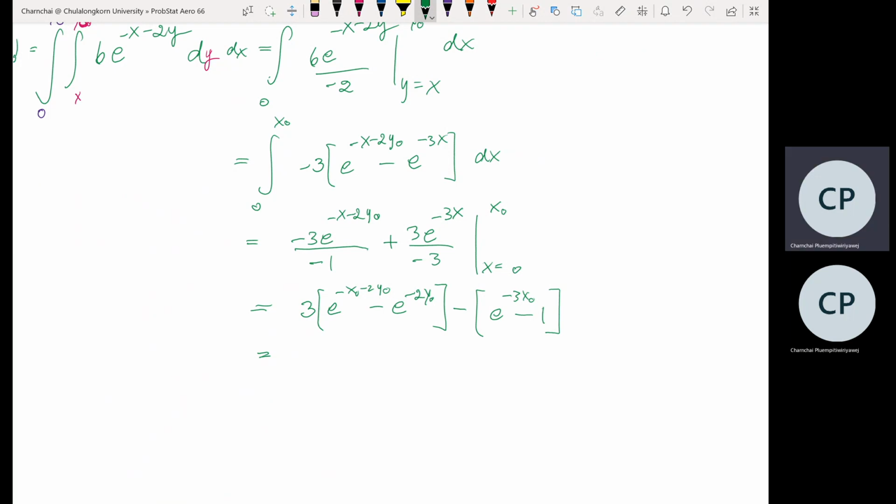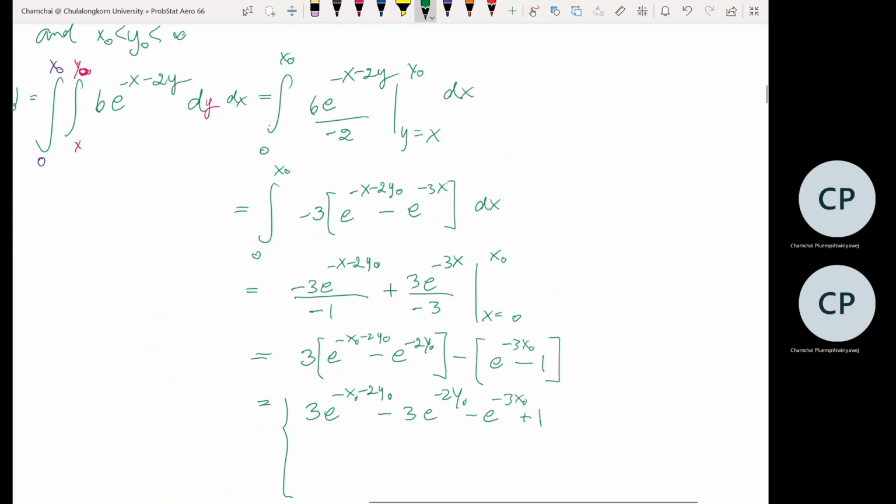Nothing to simplify here. We got 3e to the negative x naught minus 2y naught, minus 3e to the negative 2y naught, minus e to the negative 3x naught, and then plus 1. Okay.